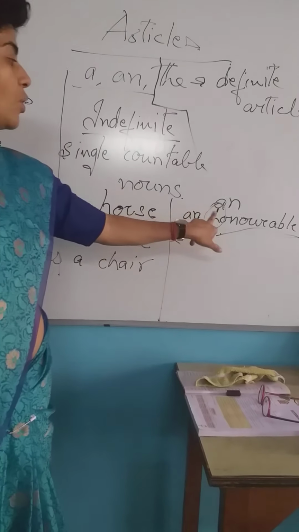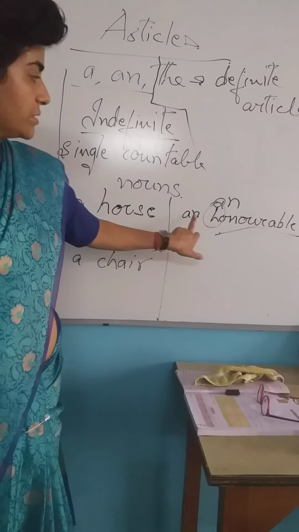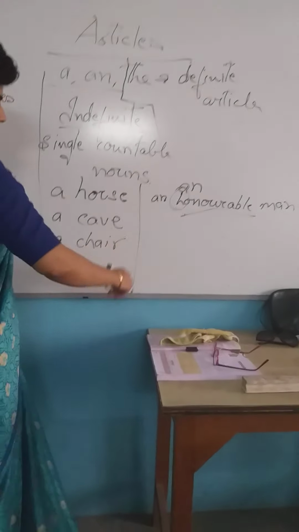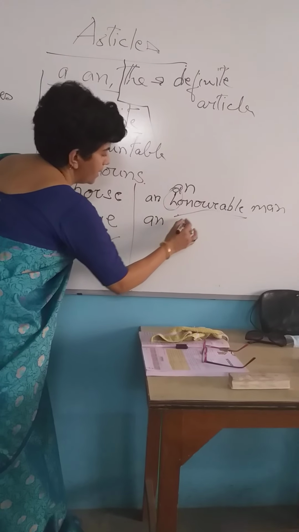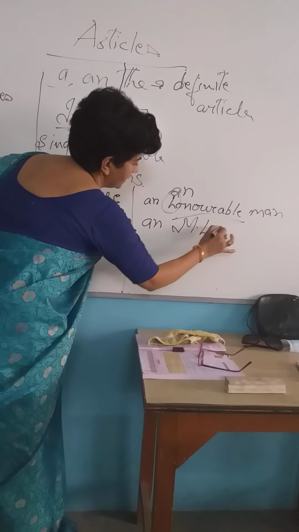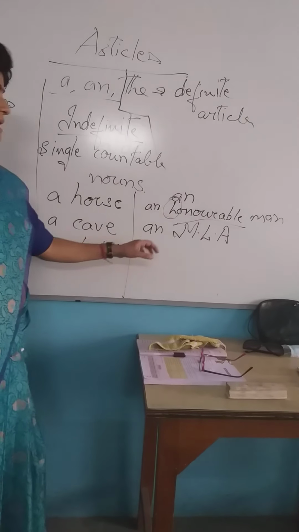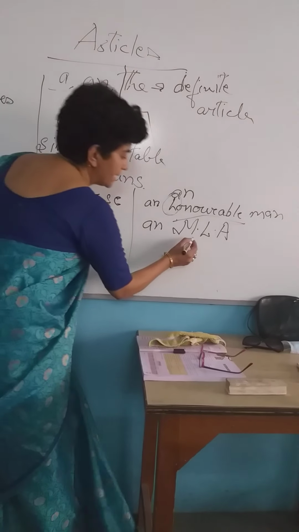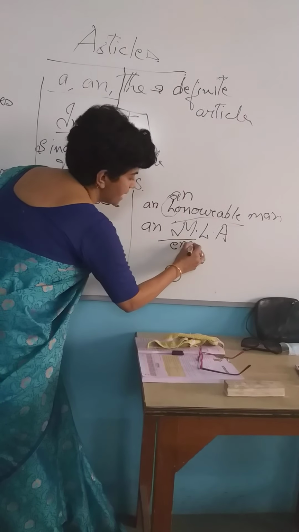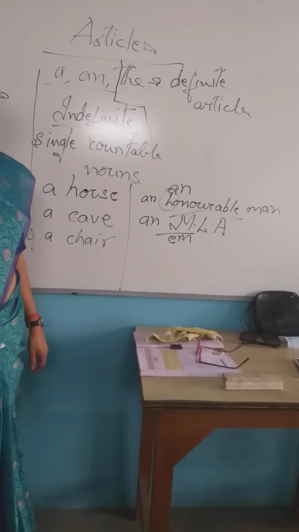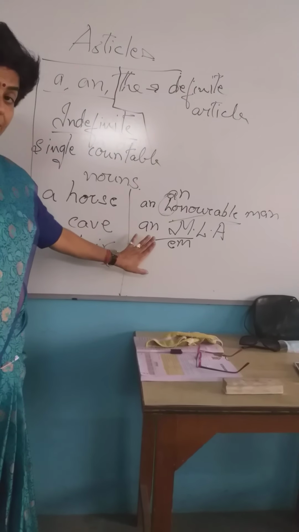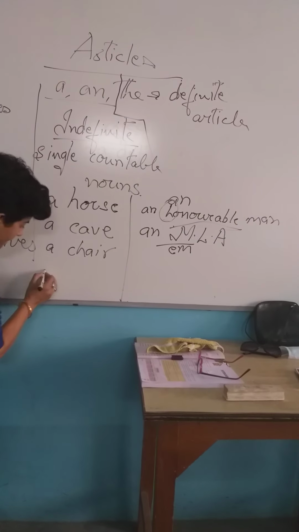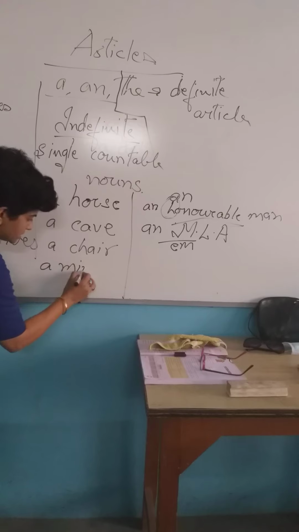So it becomes an honorable man. Now I'll come to an N-L-A. Why did I use an for N-L-A? Again, the same thing comes. This N has been pronounced as N, and that is why we use an. But I'll take a minister.